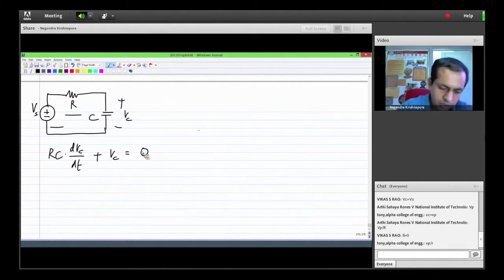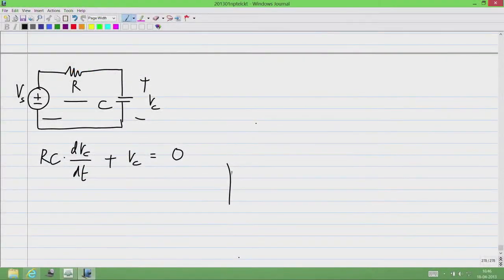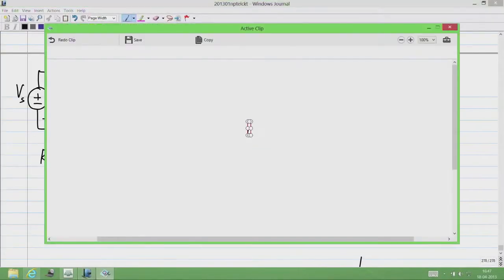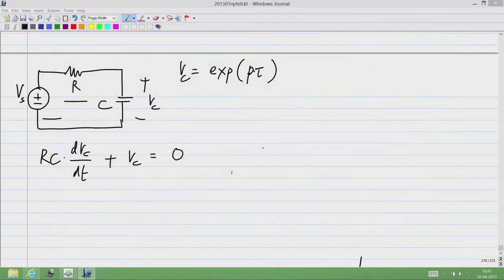Now, we know that the natural response for this differential equation will be of the form some exponential, okay, and let me call it exponential p times t.